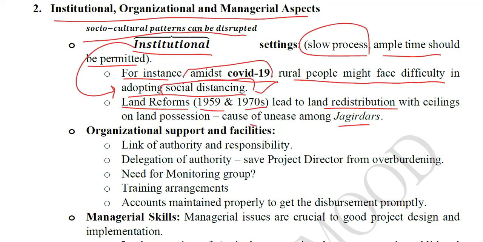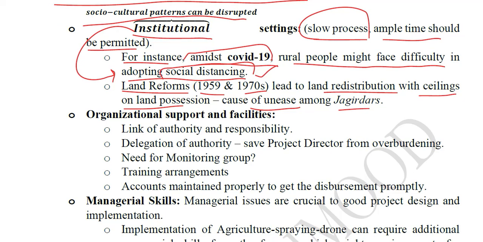They were uneasy to accept this reform. So these ceilings that were imposed on their land possession were not welcomed by the society. But that was a project, and it had to be done from the normative angle of things. So it was done, and it had some social repercussions.